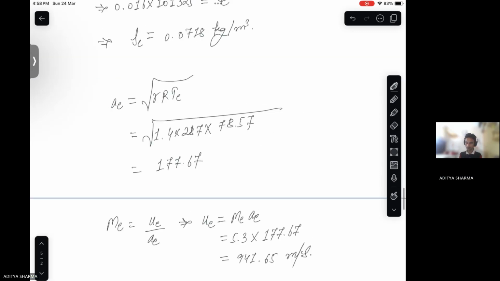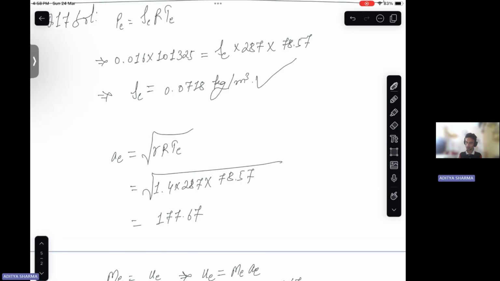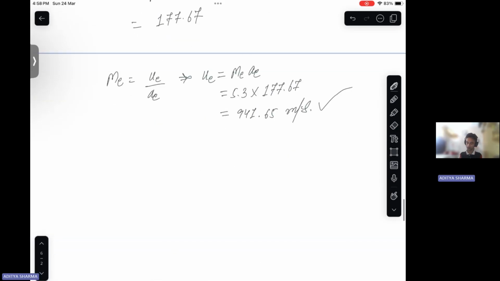So we have velocity also, and we have rho also. Now we can calculate mass flow rate.